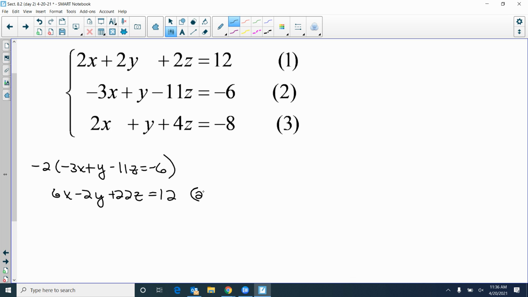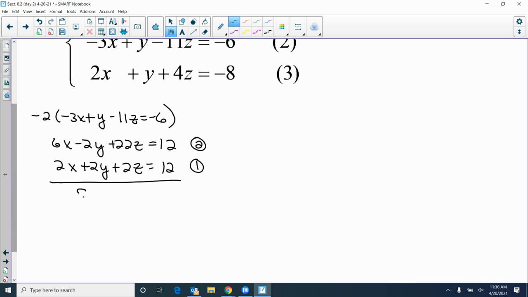So that's my new equation 2. Equation 1 is 2x plus 2y plus 2z equals 12. So that's equation 1. Add those together. 8x plus 24z equals 24.